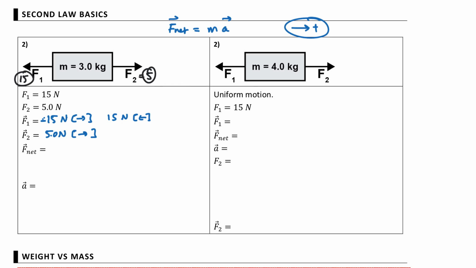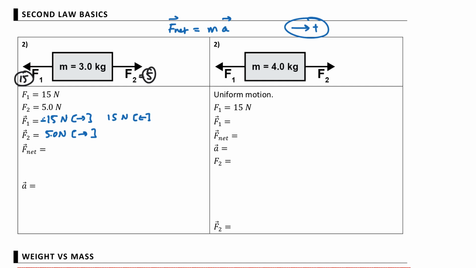To find the net force, there are two different ways of doing this. One is to just subtract the two forces from each other, and that's what we have to use because we don't have the acceleration yet. If we did have the acceleration, we could just multiply mass times acceleration. So to find the net force, I'm going to subtract the forces going left from the forces going right.